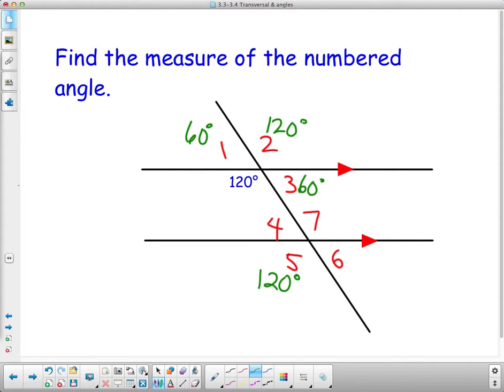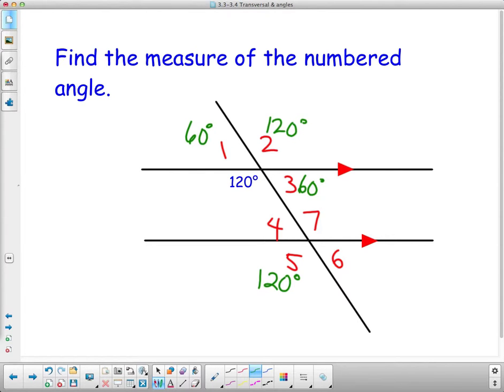Okay, corresponding angles would be, he's looking at which one? 5 and 2. Corresponding isn't that one, that's alternate exterior. The one without a number. Yeah, 8. Those two would be corresponding. Yeah, that one. So that's what he said. That's what he was trying to say. I didn't see the 4, I thought you were labeling.